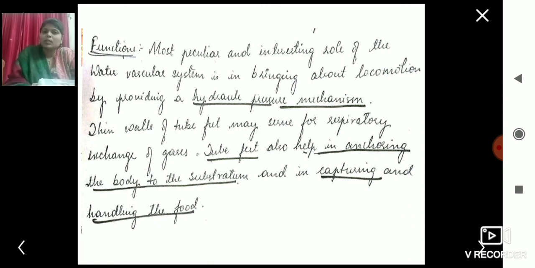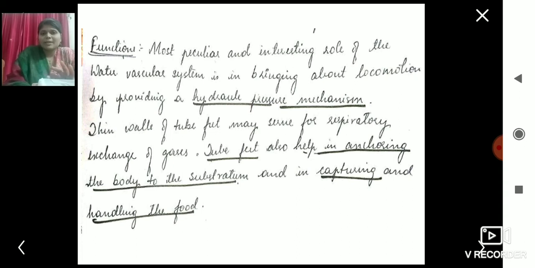Okay, this is the way you present the answer. You know the points, but you may not know how to present them in the answer paper. So go on step by step, and at the last you give functions and you underline a few things. Keep some color pencils, so you don't waste your time.